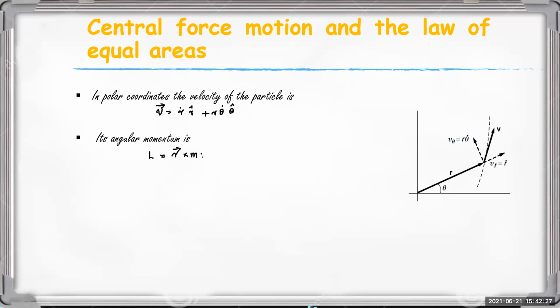Here I write r cross mv, that is equal to, I write the r vector as r modulus into r cap, cross m into (r dot r cap plus r theta dot theta cap).